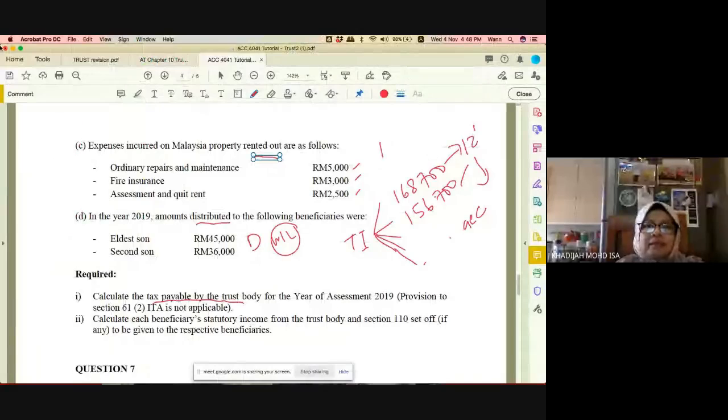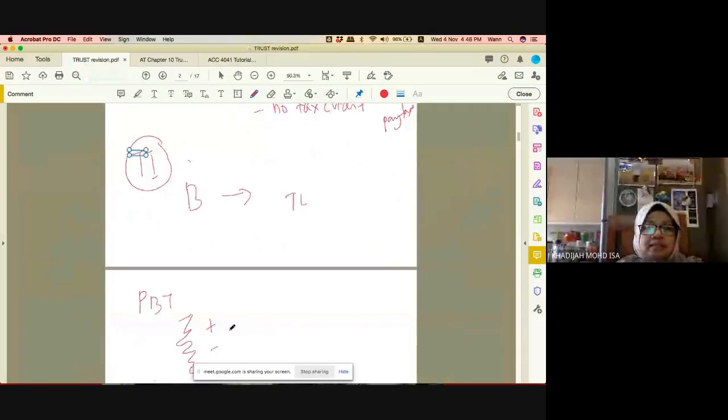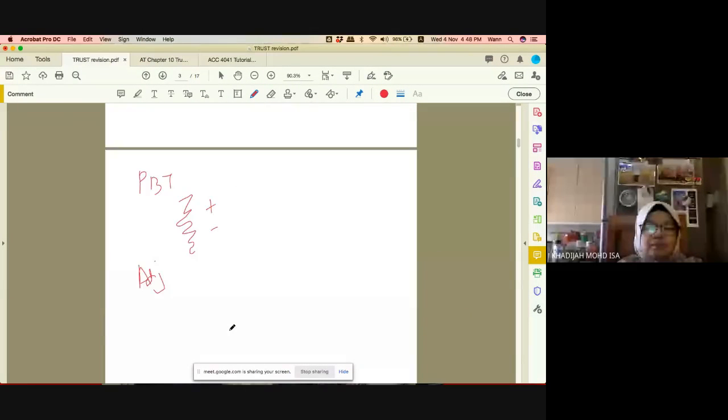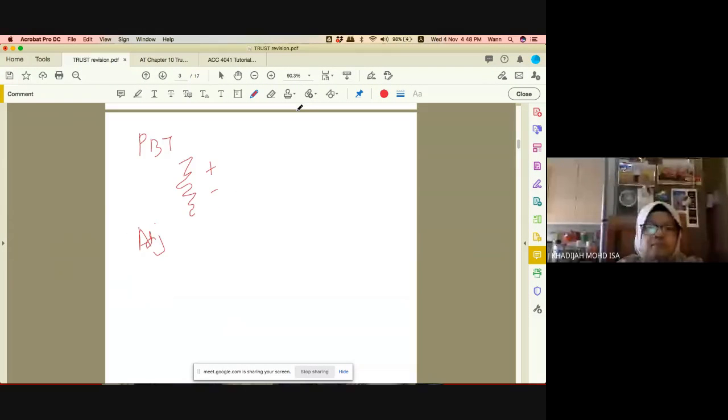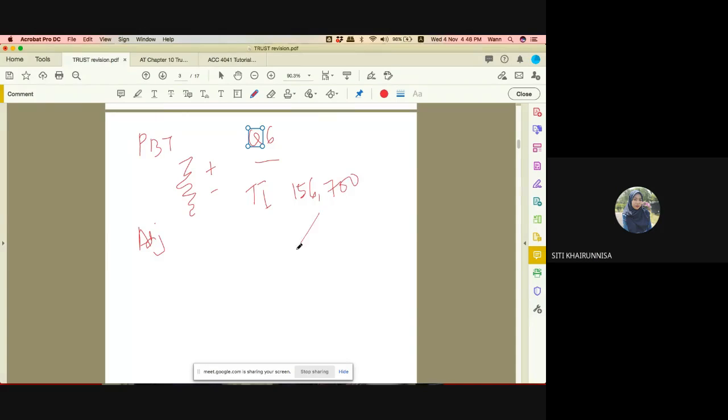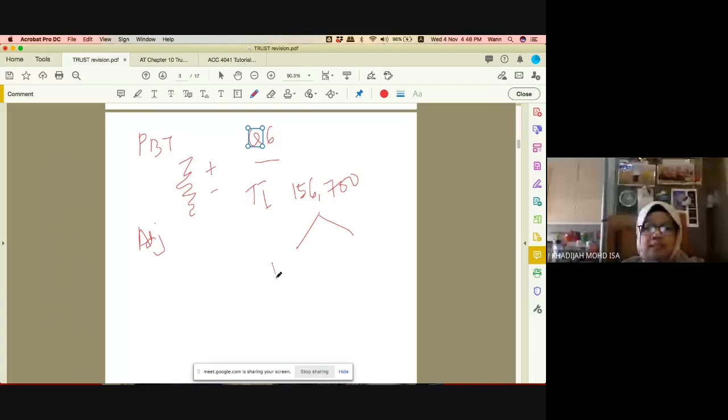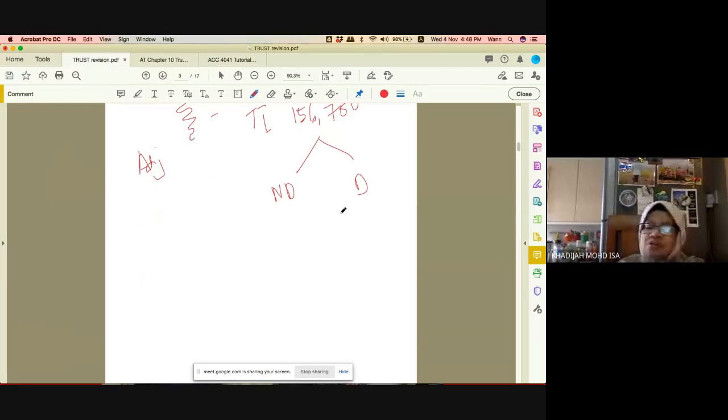Whatever income that you receive, in this case, let's see that this one is question number 6. Alright, you have a total income of 156, is it 700? Yes. Okay, you're going to divide between two. One is non-discretionary, the other one is the discretionary portion. So, how much is the non-discretionary? 1/3. Divide by 3.